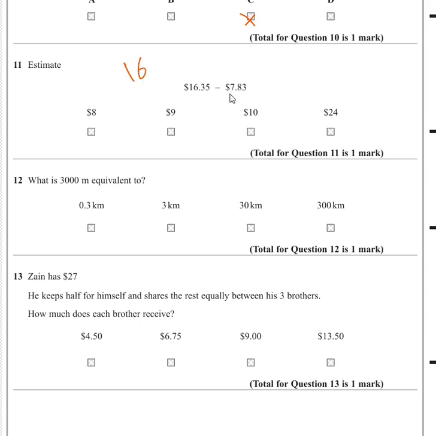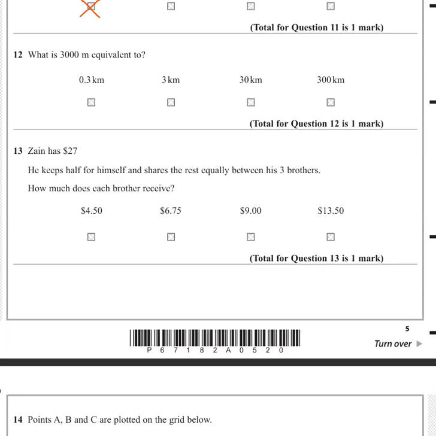And 7, if I round it, it's going to be 8. So that means now 16 minus 8 is just 8. And here we have the answer is 8. So first round them to the nearest whole number. Then you can subtract them and find the answer.